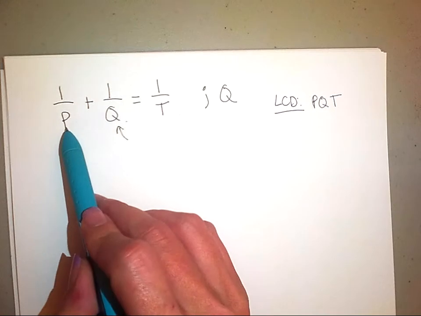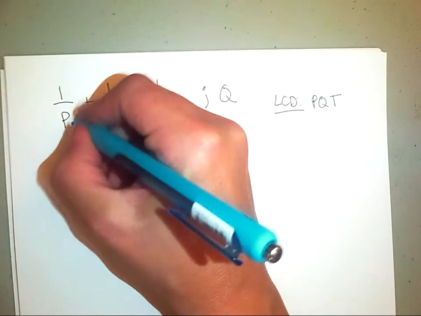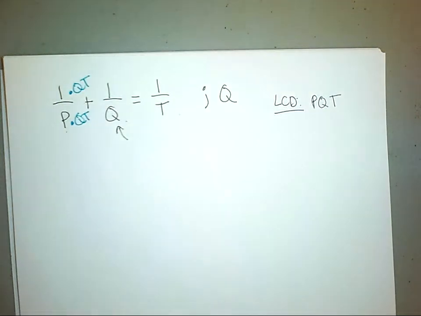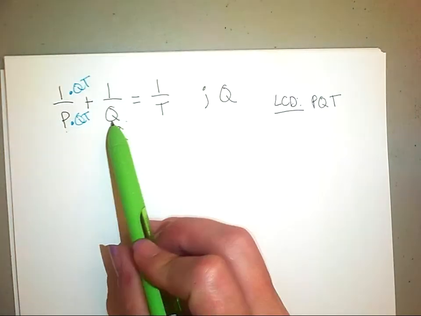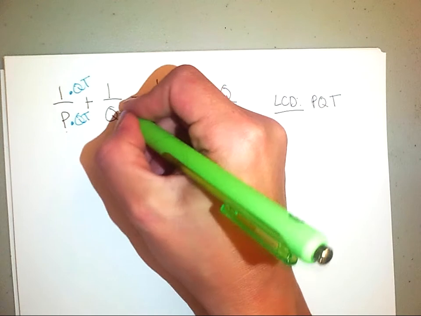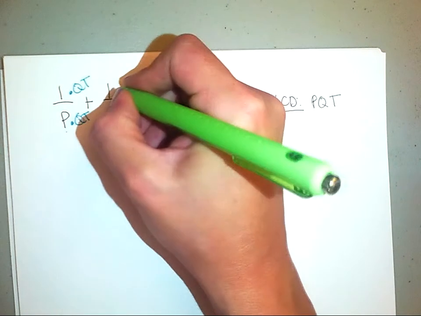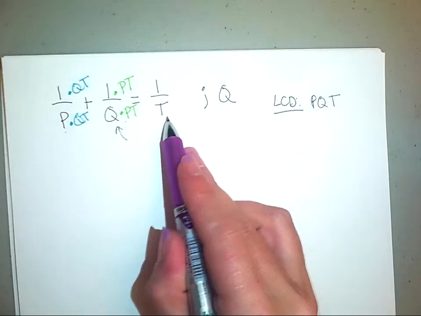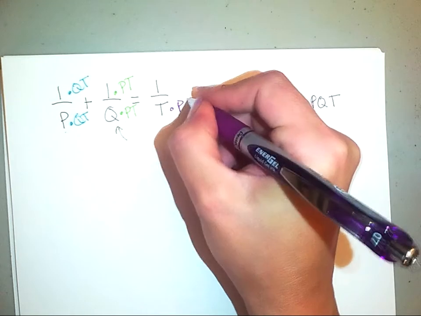So in this one, I have the P. I have to multiply by the QT. In this one, I have the Q. I need to multiply by the PT. And in this one, we have the T, so we need to multiply by the PQ.